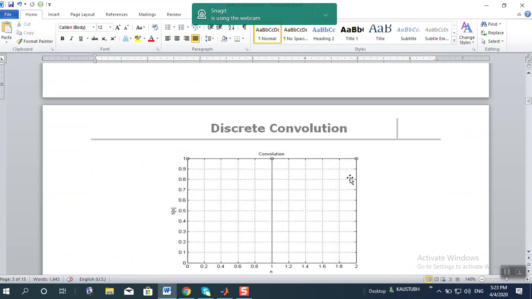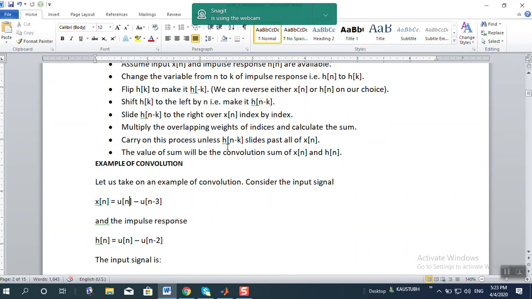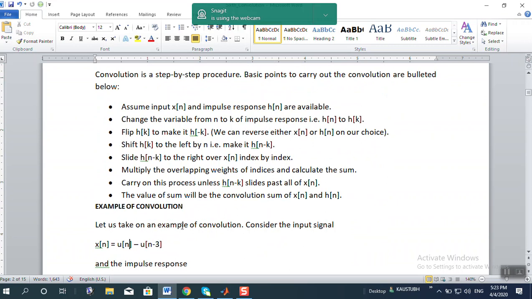Okay. Now the thing is that there are a few things to be considered while doing this process. First of all, as I already mentioned, in any discrete time signal, the starting index of x or the starting index of h is the important one.